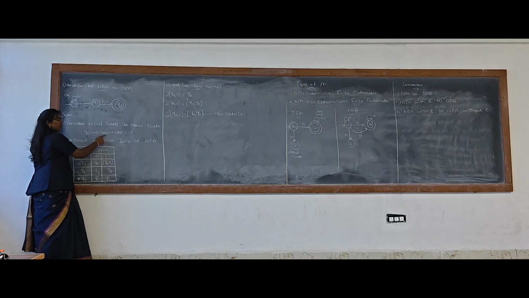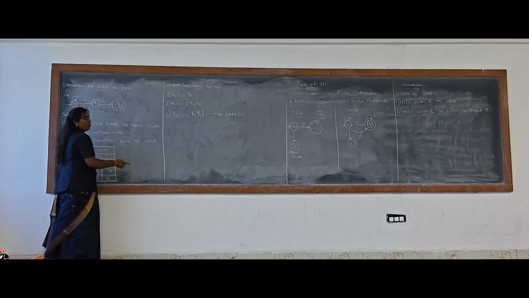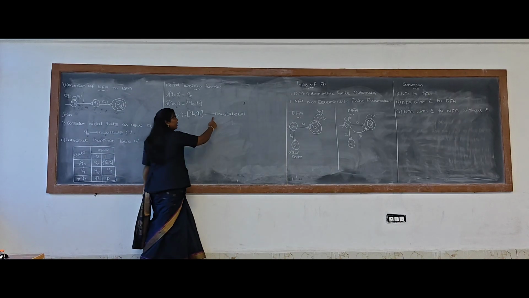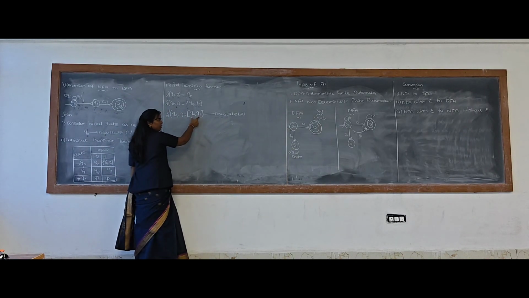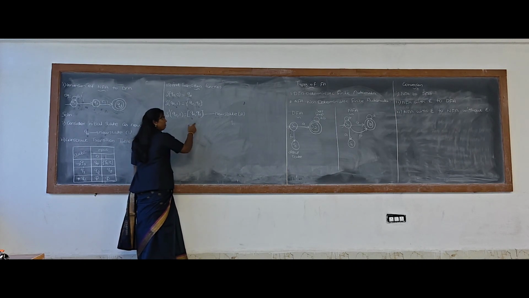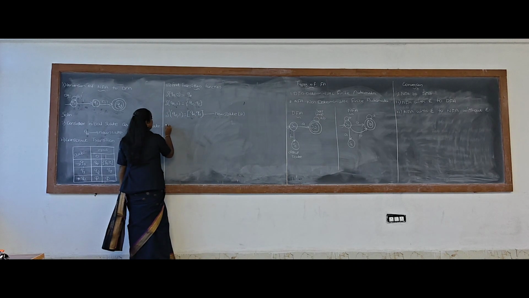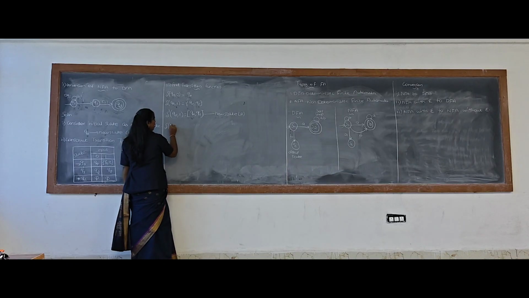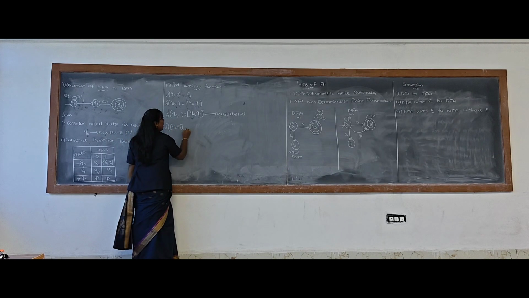So we find the transition function for this new state. We already found the earlier ones, so next we move on to the transition function for the new state Q naught comma Q1, with the input symbol 0.